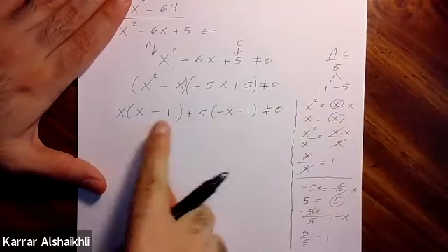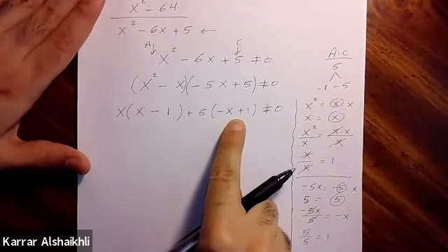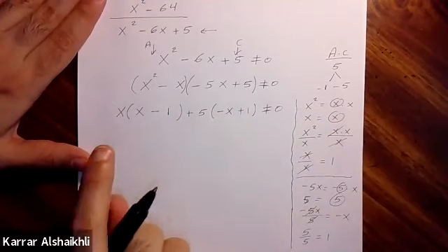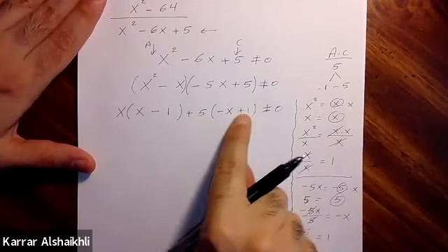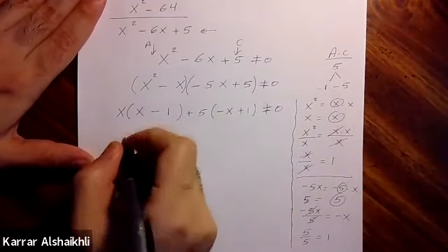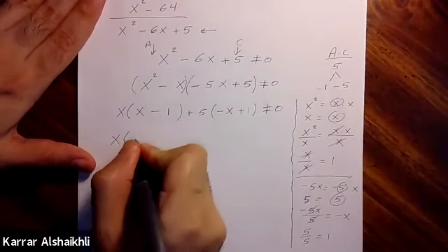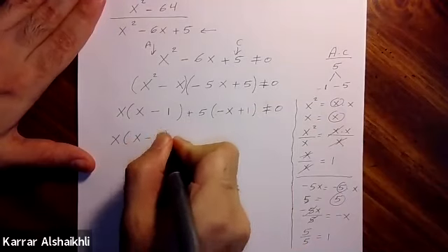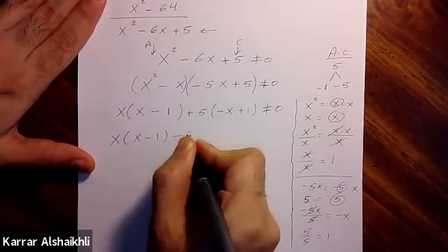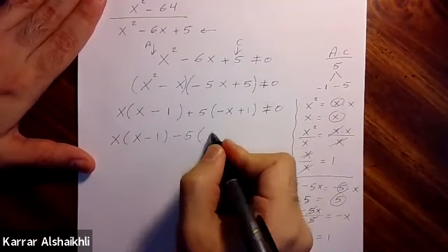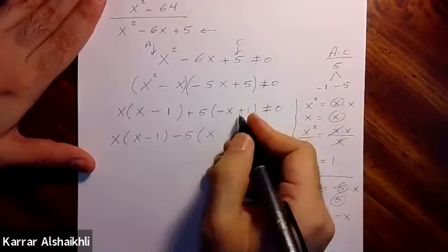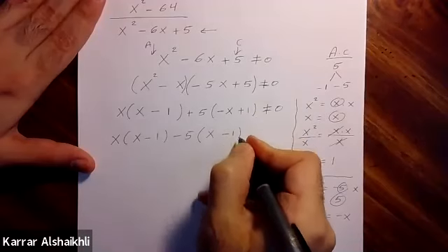If you look at the parentheses, we got totally different parentheses. So now what I'm going to do, I'm going to change the sign here and everything inside the parentheses. So I'm going to write down x minus 1 minus 5. You see, I changed the sign. -x is going to be +x, +1 is going to be -1.